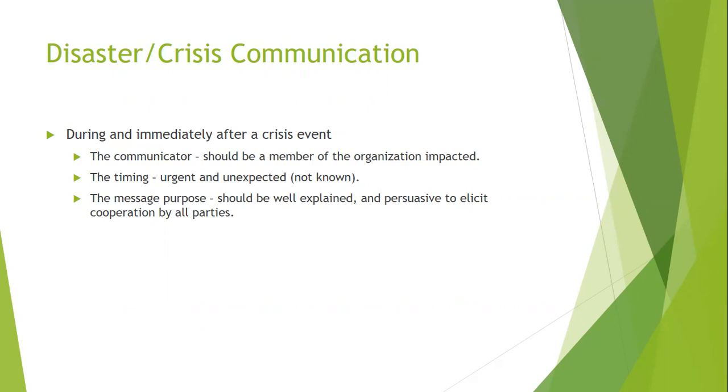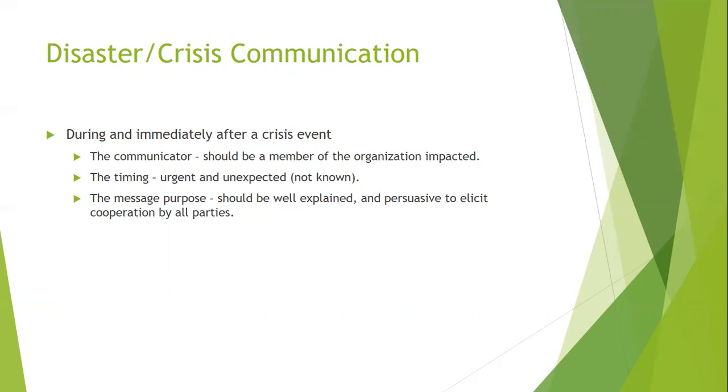Okay, so the communicator should be a member of the organization impacted. If it is a company or a plant where some kind of hazard has occurred, the communicator should come from there, because they should have the facts about the incident. They should also have the facts about what plans they have in place with regards to response to the situation.